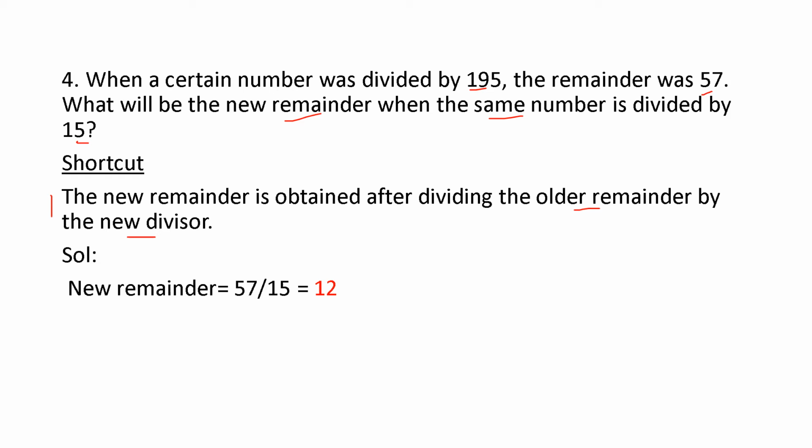So here the older remainder is 57 and the new divisor is 15. So 57 divided by 15, the answer is 12.